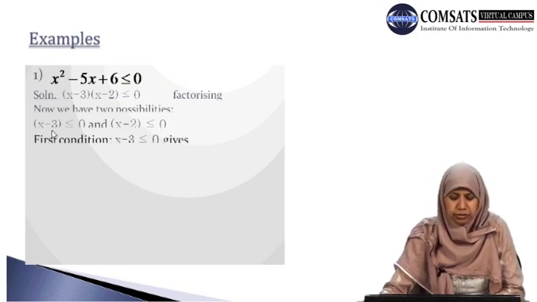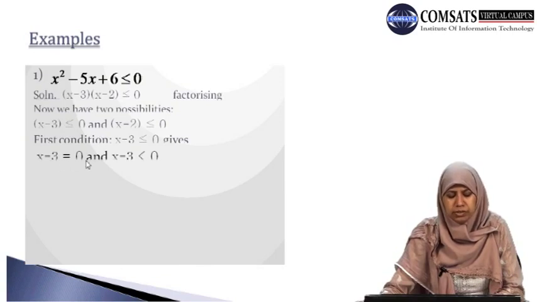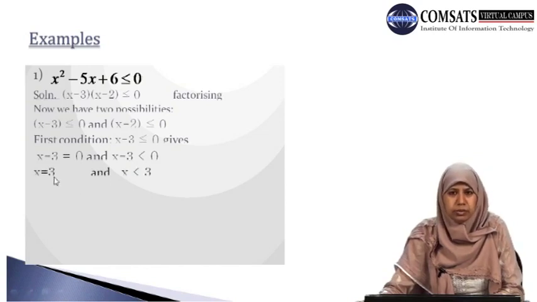With this we have, for the first condition, that if x minus 3 is less than or equal to 0, then either x minus 3 is equal to 0 or x minus 3 is less than 0. After simplifying, we obtain x is equal to 3 or x is less than 3.